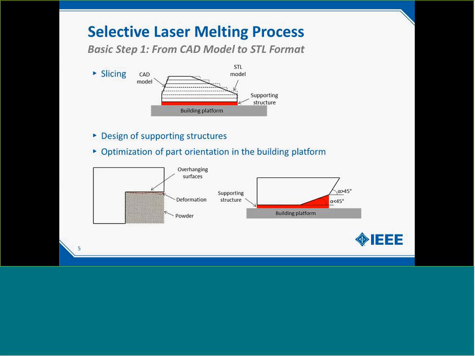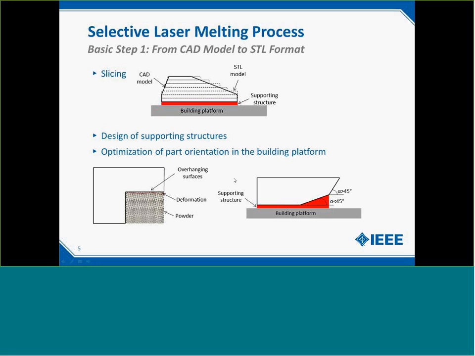In other cases, supporting structures are also inserted in order to minimize thermal stresses during the process. The third task is the optimization of the part orientation in the building platform, and is strictly connected to the design of supporting structures.